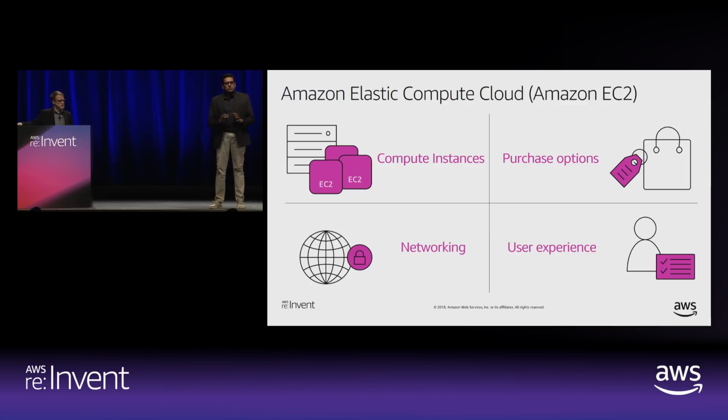Simply put, EC2 instances is compute in the cloud. These are servers that offer you virtualized or bare metal instances with different purchase options where you can purchase on demand or you can purchase on longer term commitment with a whole suite of networking and management services. This is your compute environment in the cloud.